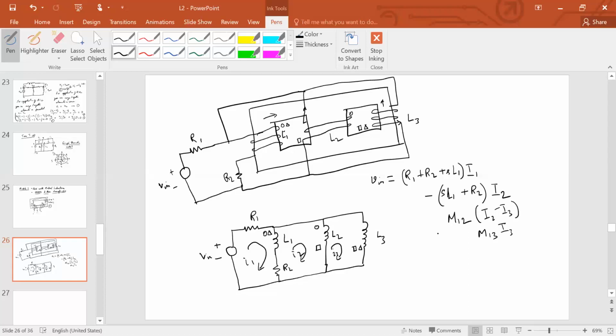So all that I need to now bother about is the dot convention. That will tell me what the polarity of this will be, what the sign before M12 and M13 will be. So I'm going to first write the sign and then I'm going to explain how this works. So first I'm going to explain in a shortcut manner so that you can remember it easily, and then I'm going to explain through the physics of this circuit.